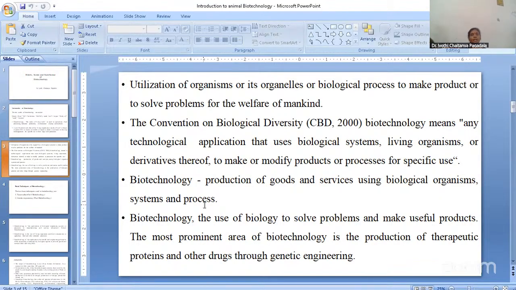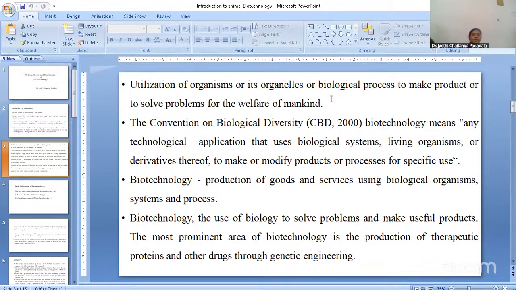So here the utilization of microorganisms or organelles, cell organelles, or the biological process for mankind, for solving many problems for the welfare of mankind.